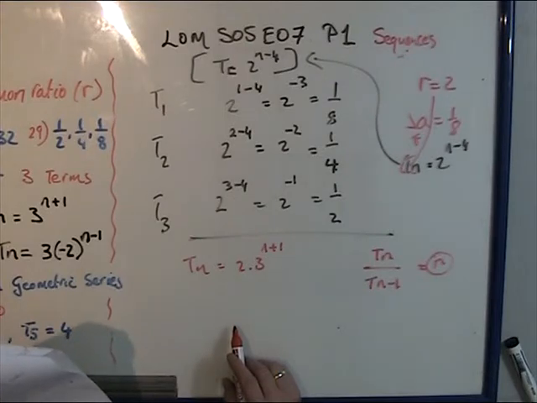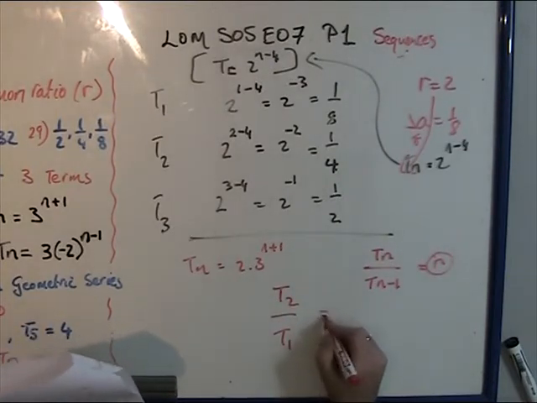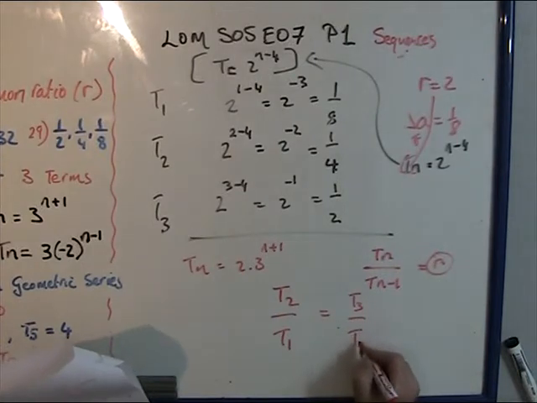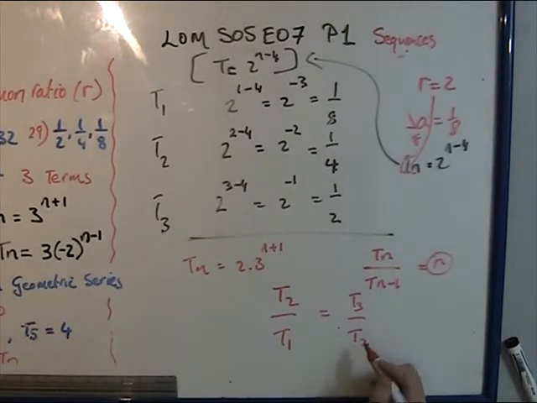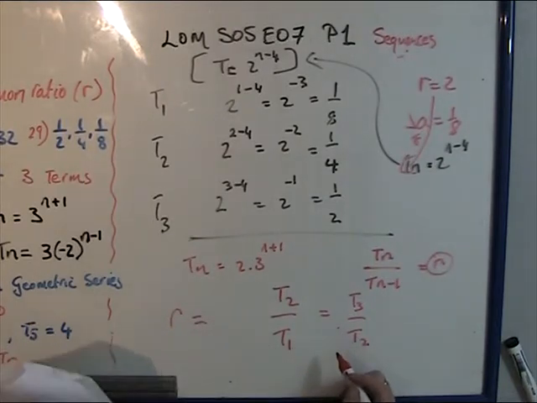So remember that T2 over T1 is equal to T3 over T2. So you remember that you can get your r by dividing that number by the previous number. Well, we leave it at that.